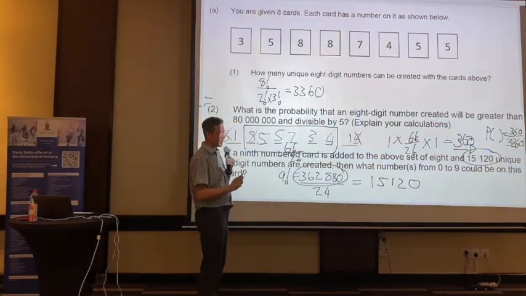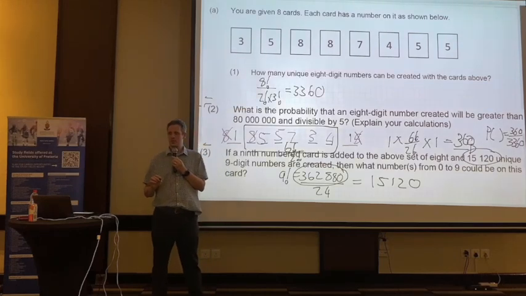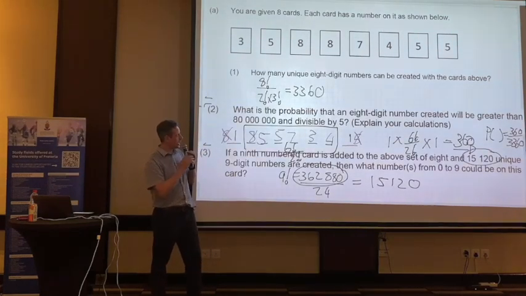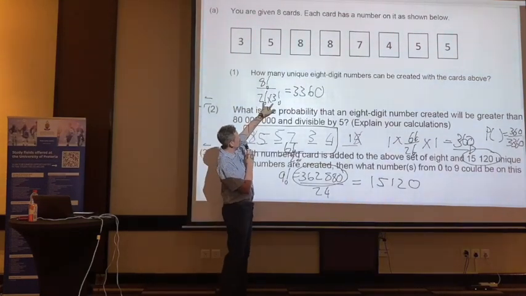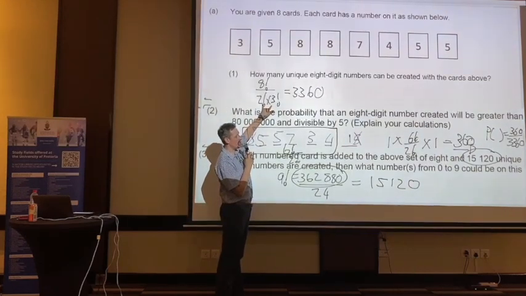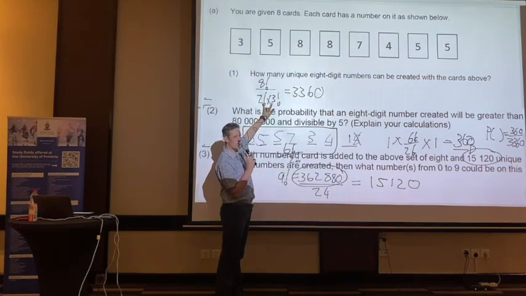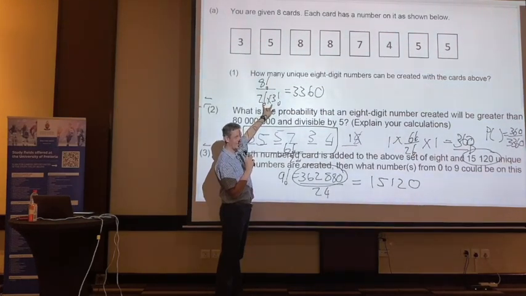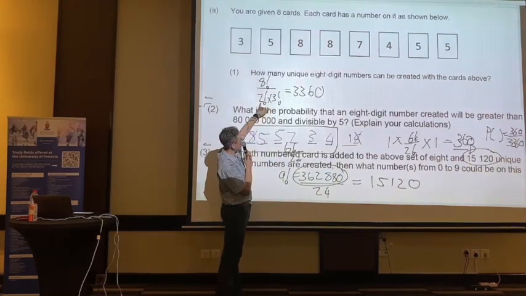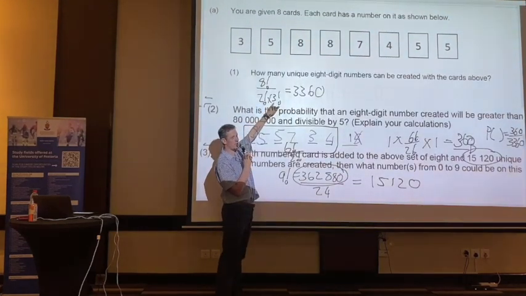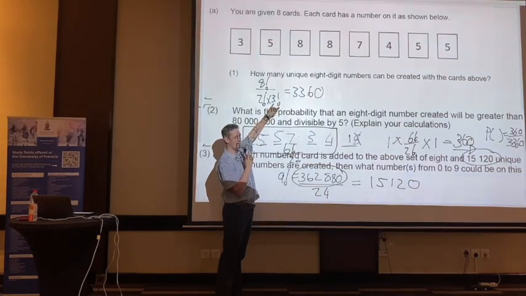Why am I doing this, ladies and gentlemen? Because I want to see, is there a 3 or a 5 that they added? Because if there was a 3 or a 5 that they added, this at the bottom would become, if they added another 5, this would have become 4 factorial.